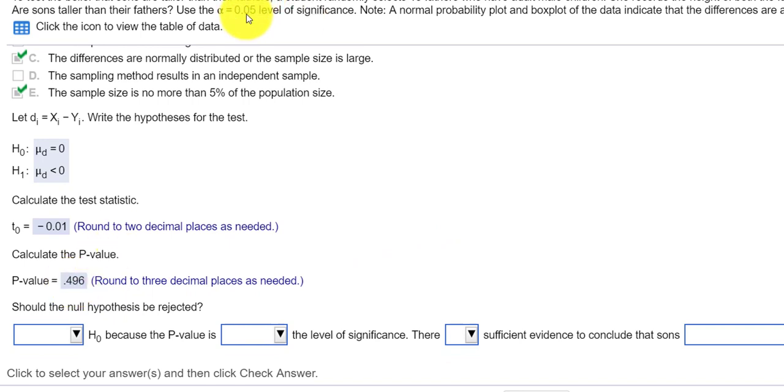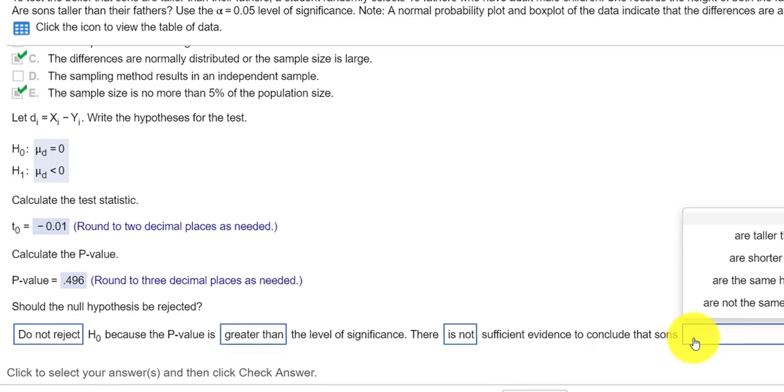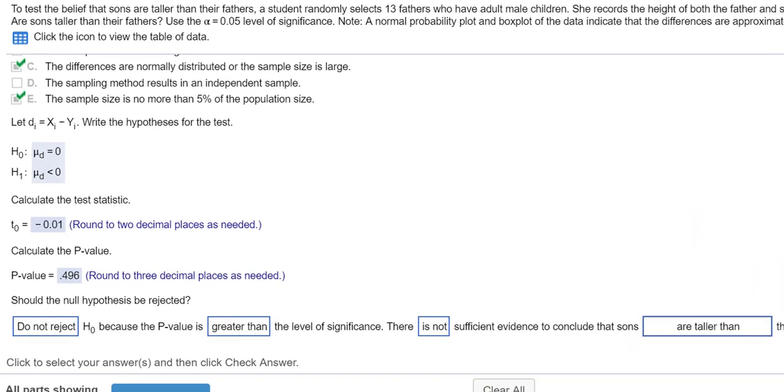It was 0.05. My p-value is greater, so we're going to do not reject. If your p-value is greater than your level of significance, you do not reject. Therefore, there is not enough evidence to conclude that sons are taller than their fathers.